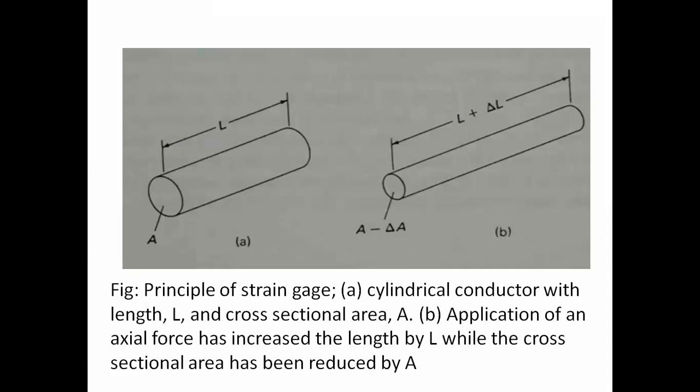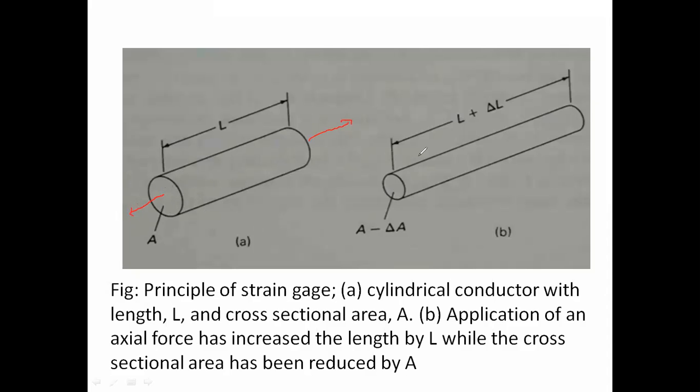We consider a cylindrical conductor. Whenever a force is applied, or stretching is done by an axial force, suppose we are applying some axial strain, we are stretching this cylindrical conductor.